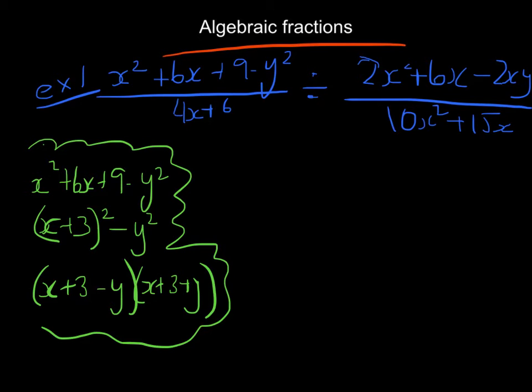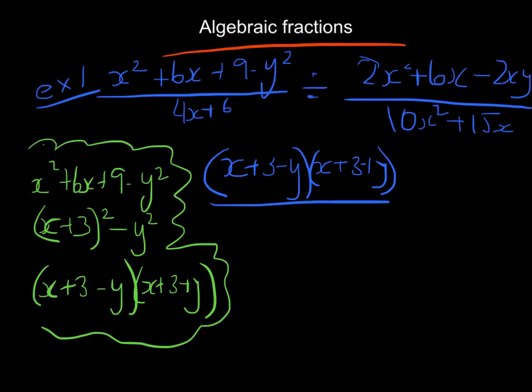So I've got x plus 3 minus y, x plus 3 plus y over 2, 2x plus 3 for the first fraction.